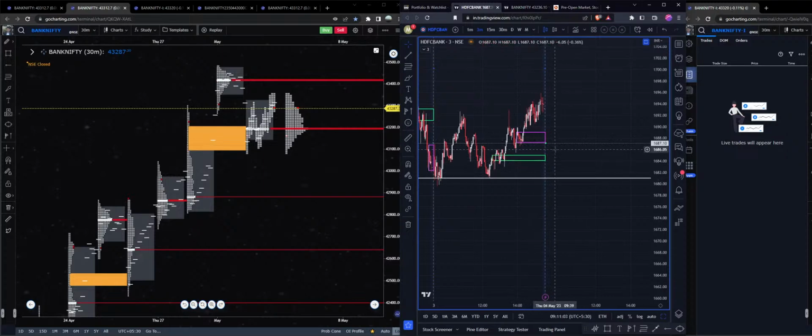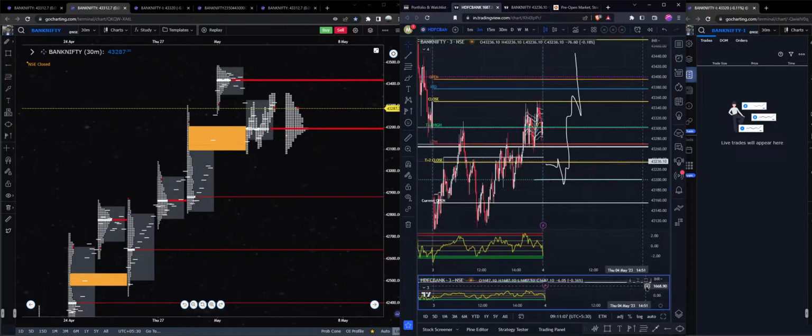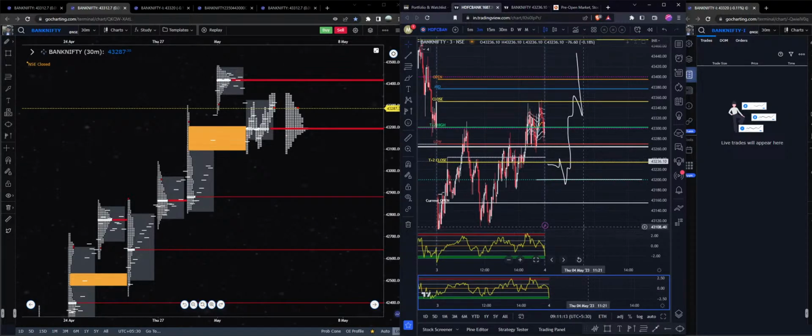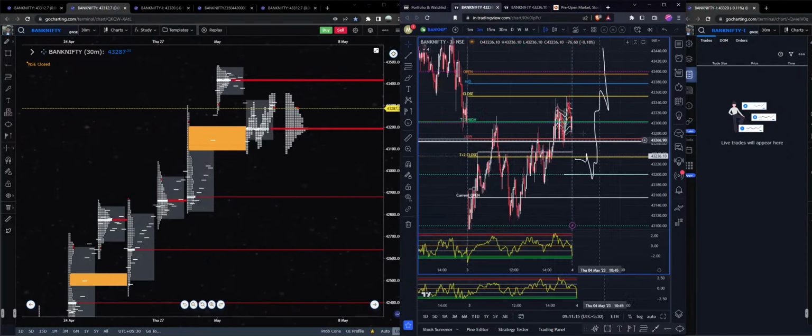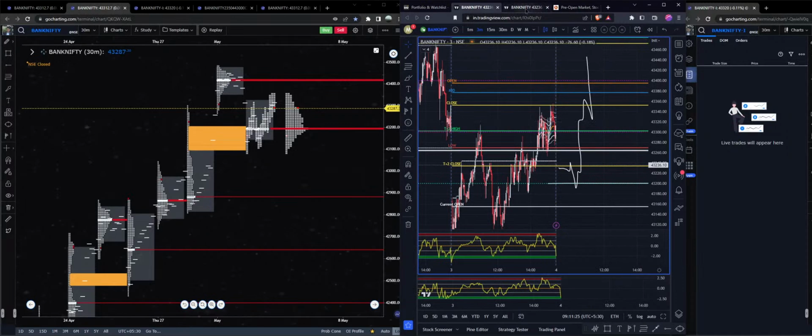I'm looking for responsive buying, and I'll see how the overall price develops. But more or less, I am a bit biased towards the long side. But first I'll be waiting for the 43,200 level to be tagged. So that is what currently I'm looking at.